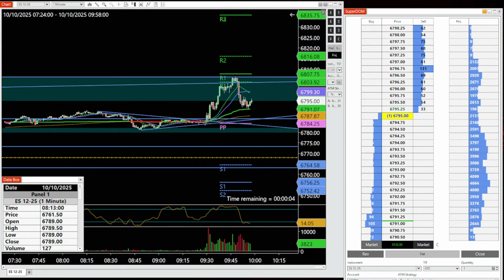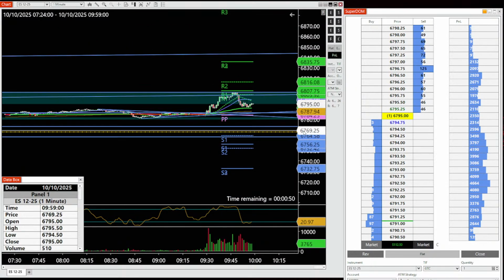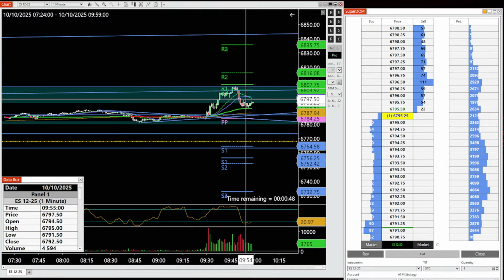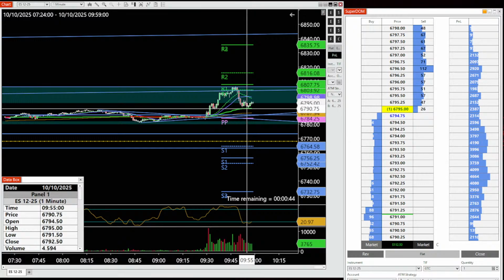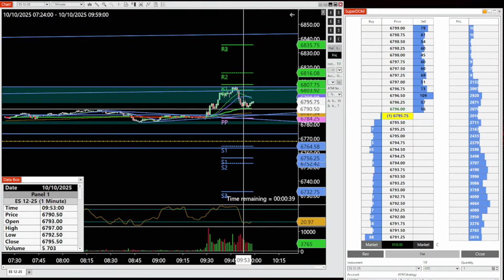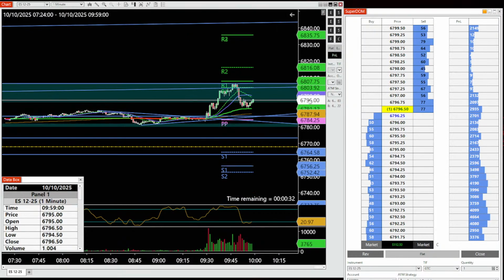University of Michigan sentiment 3 minutes. Still like a good continuation pattern, but news about to come out, so be careful. Got a little double bottom bounce off of VWAP, but didn't break this low. Held to 90.75.